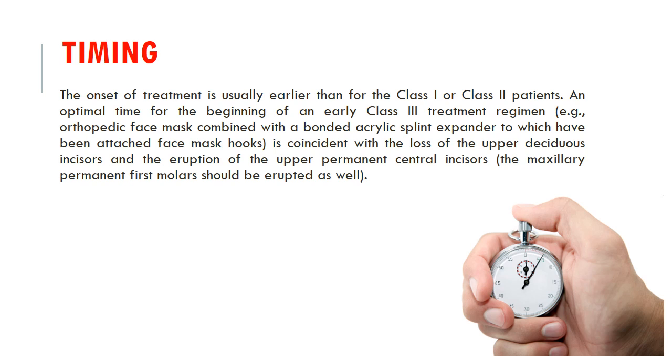And also by that time, at the age of 6 to 8 years old, the sutures of the maxilla are still not fused, and so we can get the maximum protraction and the maximum expansion of the maxilla.